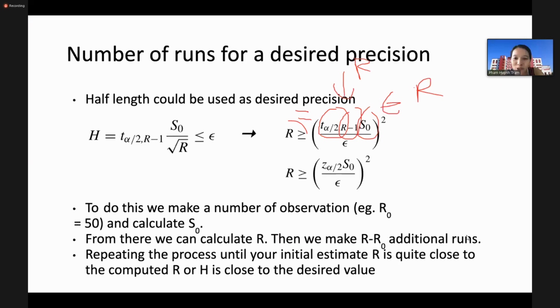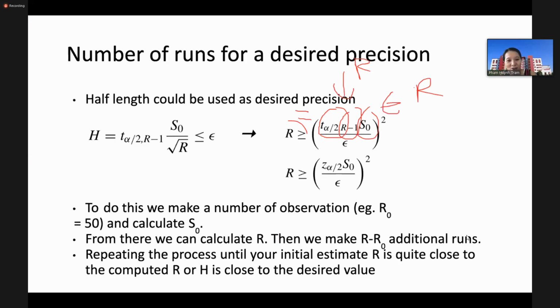Okay, so what should we do then? All right, so this is what we are going to do. It's not a straightforward equation, so we have to run a few times. It's an iterative calculation process to come up with the R value to solve this equation.